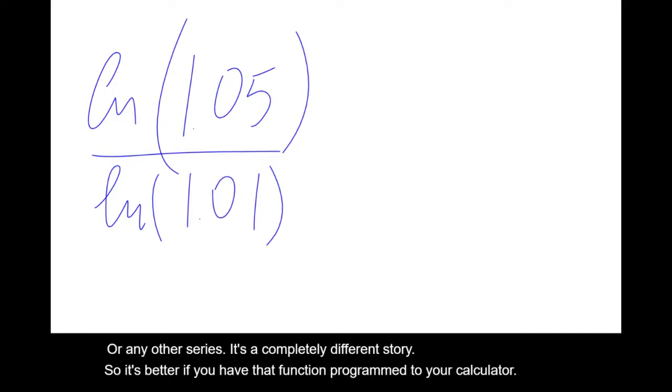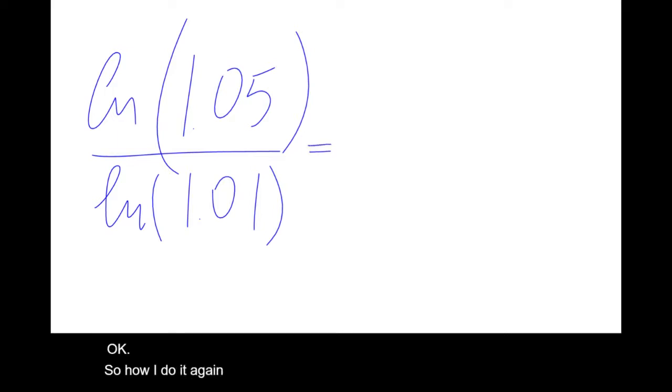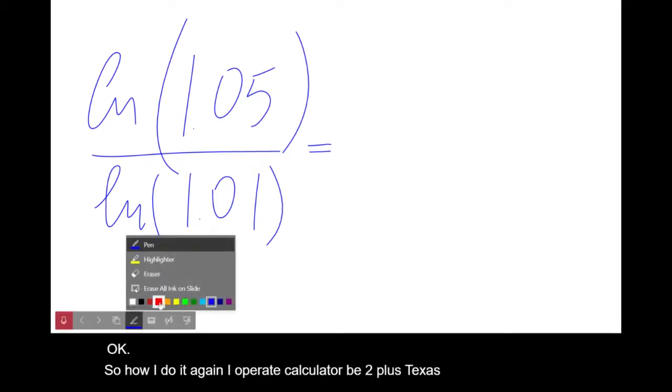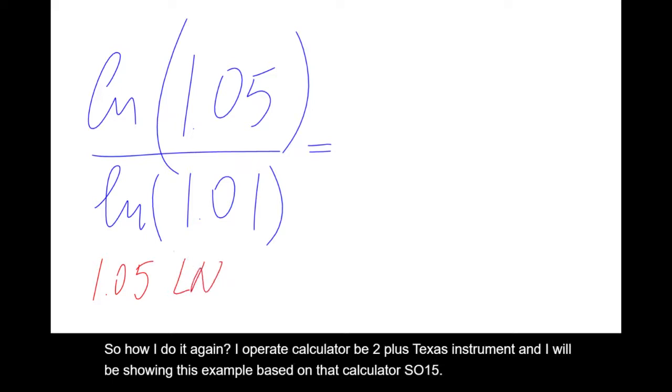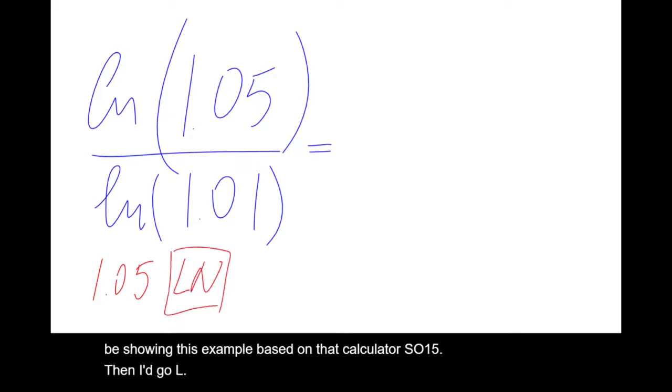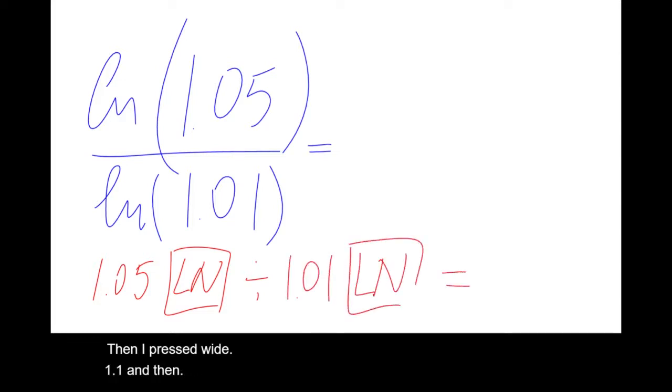Okay? So how do I do it? Again, I operate a BA II Plus Texas Instruments calculator, and I will be showing this example based on that calculator. So 1.05, then I press ln, then I press divide, 1.01 ln, equals.